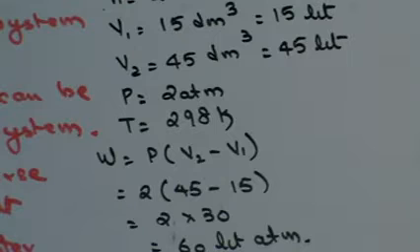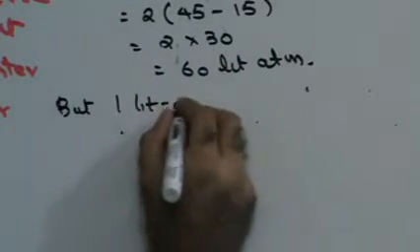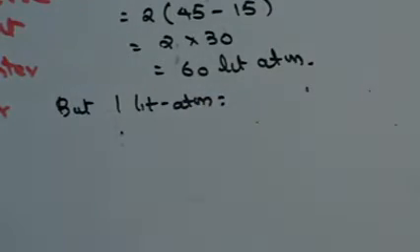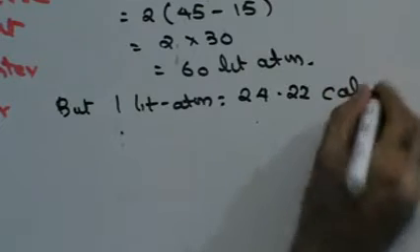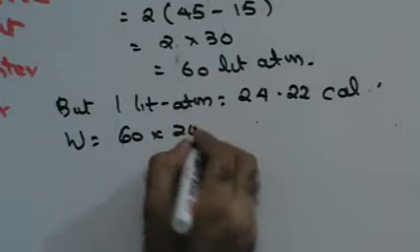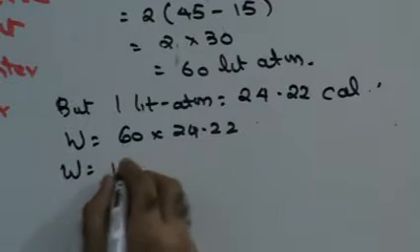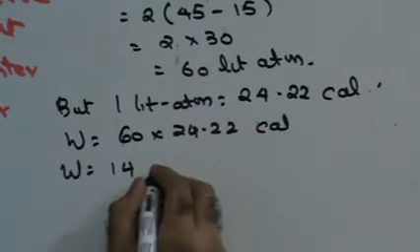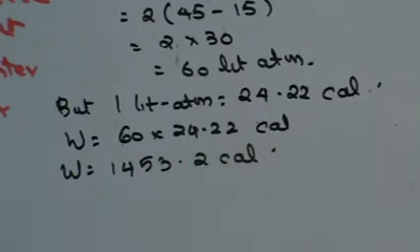We know the conversion factor that 1 liter atmosphere is equal to 24.22 calories. Hence W is equal to 60 into 24.22, which is 1453.2 calories. That will be the work done in calories.